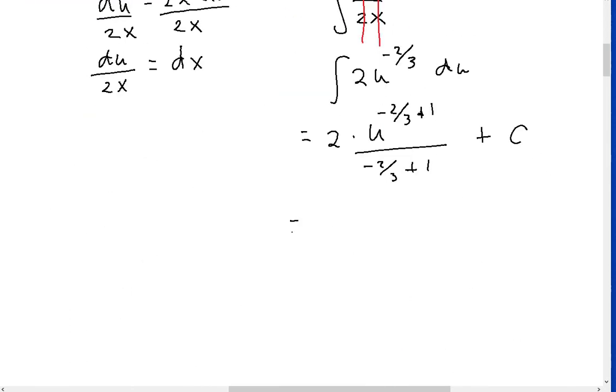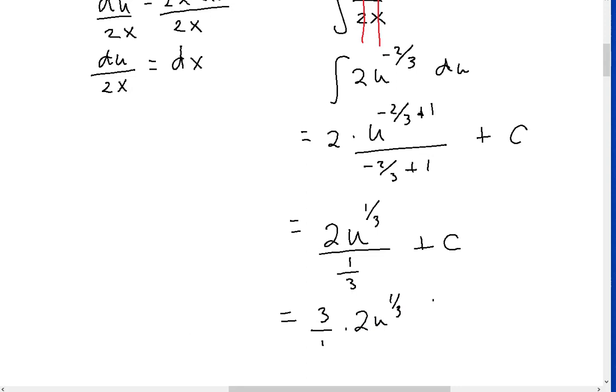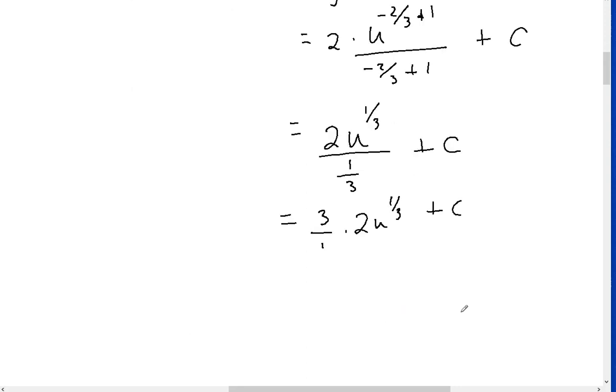So we do a little arithmetic here. 2u to the 1/3 over 1/3 plus c. And when you divide by a fraction, you end up flipping that over and multiplying. So that's just 6u to the 1/3 plus c.